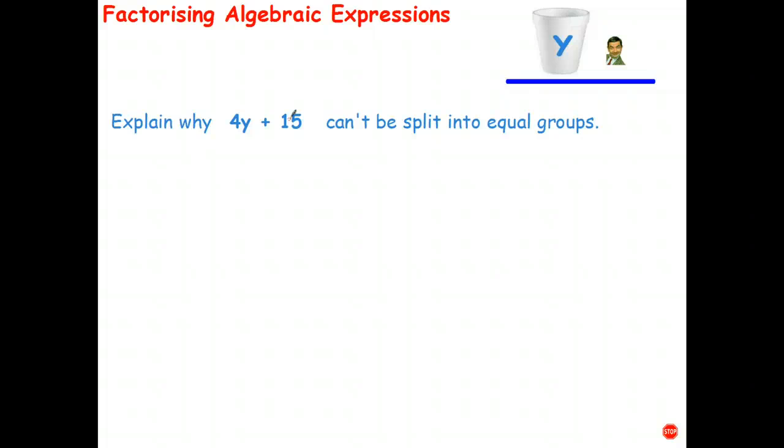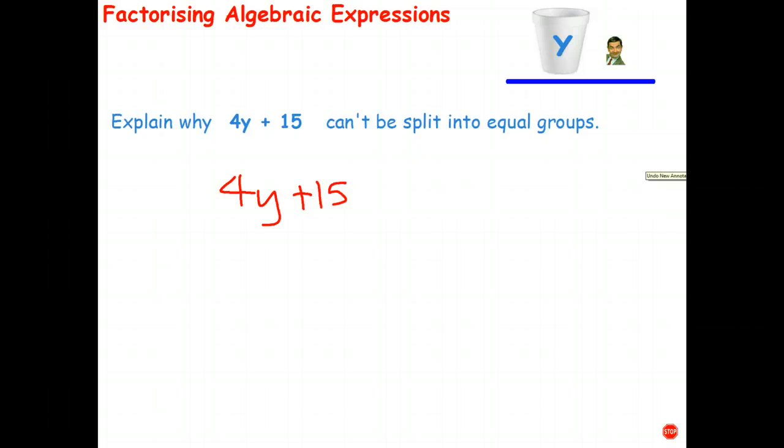So in this case, if you're asked to factorize that, you just get 4y plus 15. In other words, it can't be factorized. It's already written in the best factorized form. You could put a 1 outside of it if you absolutely had to, but normally we don't bother doing that. We just write it as it comes.